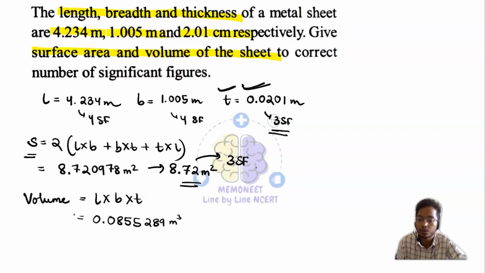We must have only three significant figures, equal to that of the thickness, which has the lesser significant figures. So our answer should be 0.0855, because after the decimal point and before the non-zero digit, this zero has no value, it is not significant. So our answer for this is 0.0855. I hope you understand this.